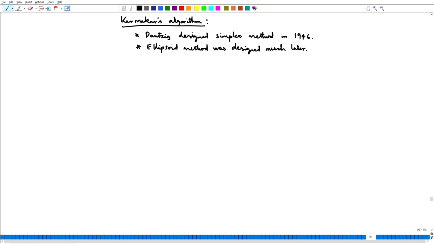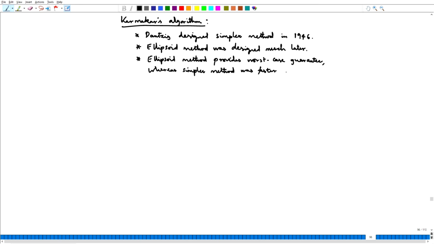If you compare the simplex and ellipsoid methods, the ellipsoid method provides a worst case guarantee, whereas the simplex method was faster for most practical settings.